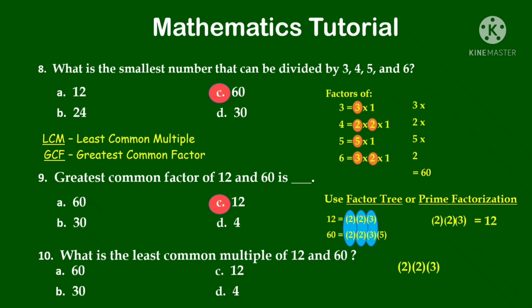But dito sa number 10, since nakuha na natin yung identical numbers which is 2, 2, and 3, meron siyang natirang 5 sa factor ng 60. So, dapat i-include natin kung least common multiple ang hahanapin. So, therefore, 2 times 2 times 3 times 5 is 60. The final answer for that is 60.